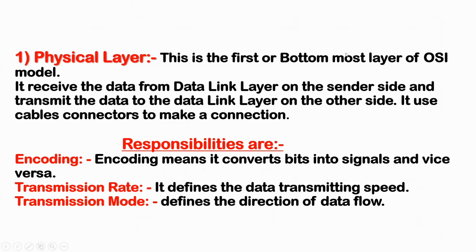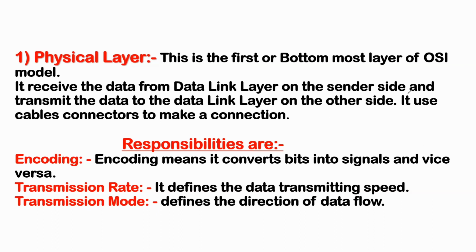It transmits the data to the other side and uses cables and connectors to make the connection. In any network we have cables and connectors, or if we talk about wireless, we have a wireless NIC. All the NICs, cables, and connectors work on this physical layer.